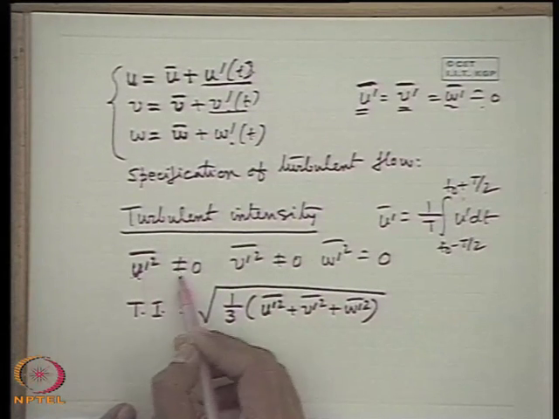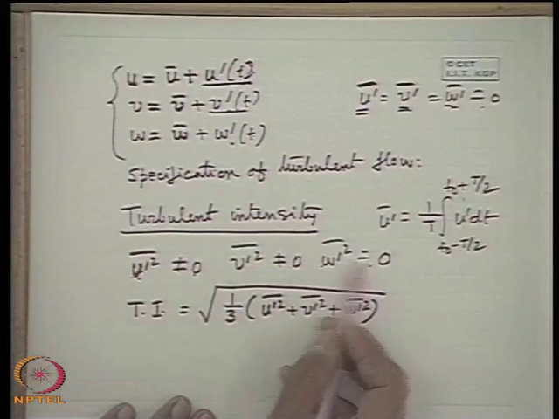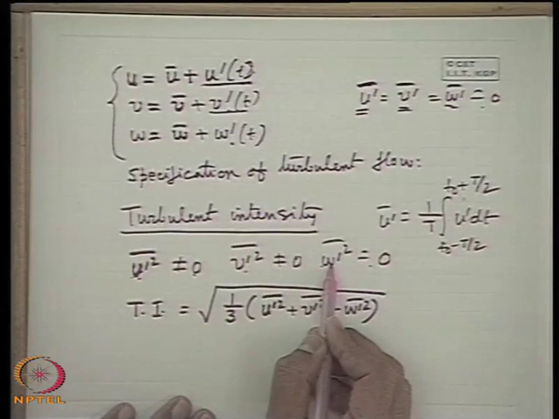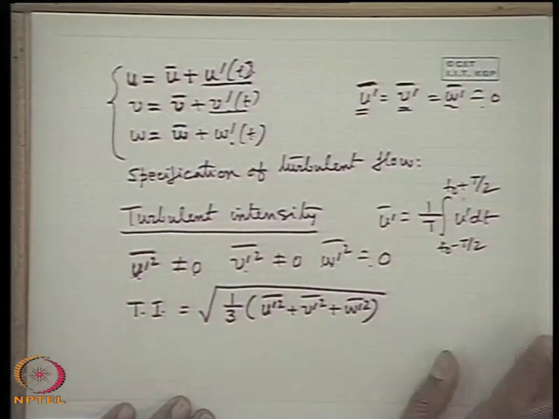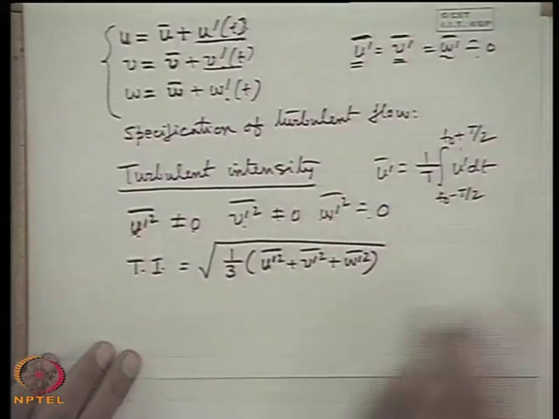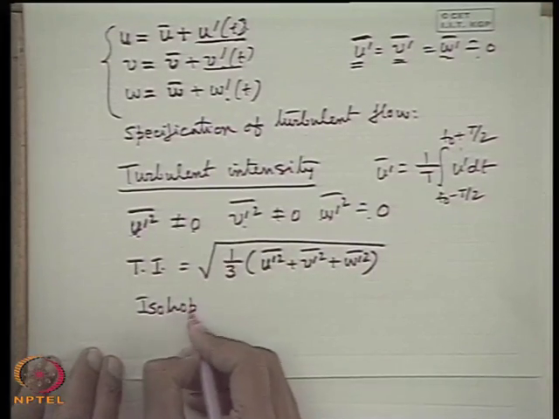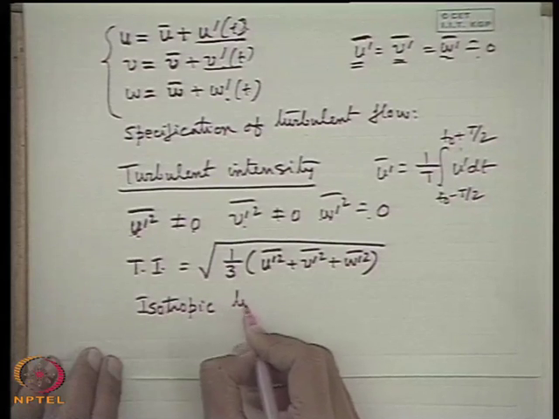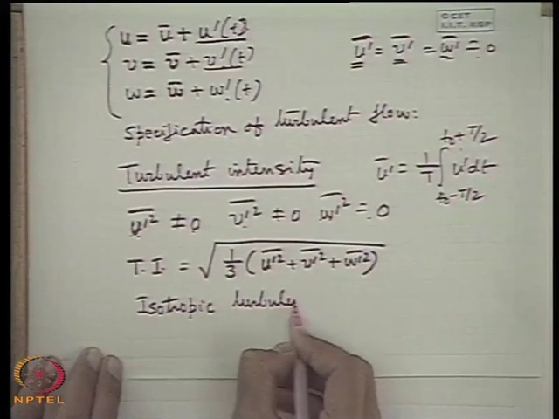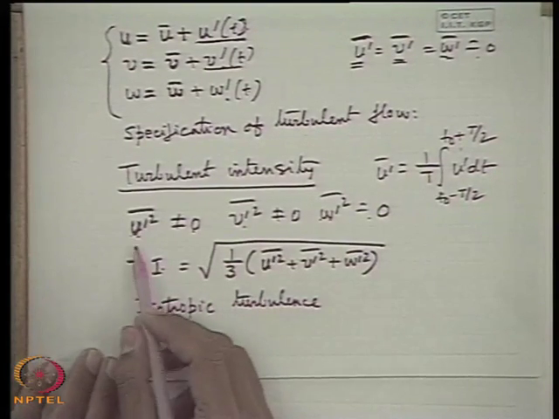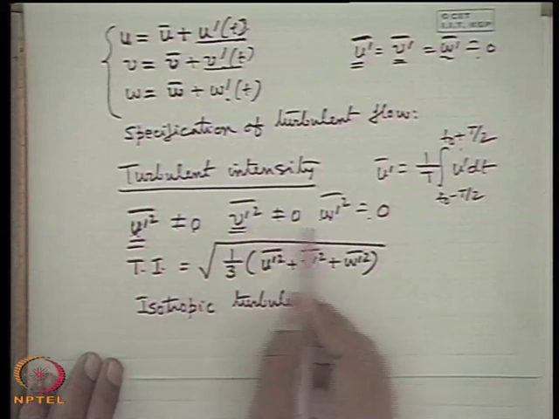So, this is not 0, this is not 0, this is not 0, but these three are not necessarily the same. The case where these three quantities are the same is known as isotropic turbulence. Isotropic turbulence is the case where these values are the same.